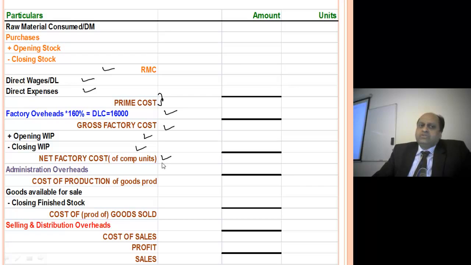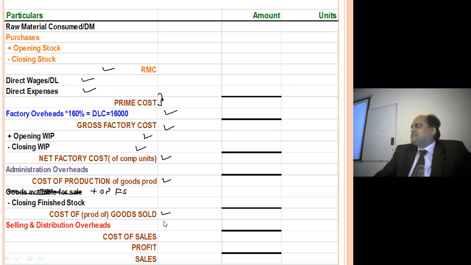Okay, now to this net factory cost, we add administration overheads to obtain the figure which is known as cost of production. It refers to cost of production of those goods which have been produced by us. To this figure, we add opening finished stock and deduct closing finished stock to obtain the figure which is known as cost of goods sold.